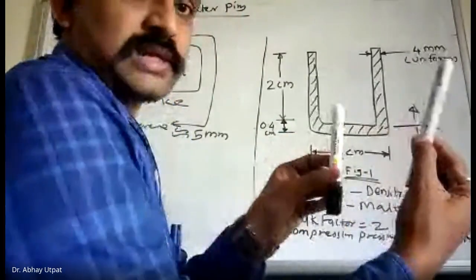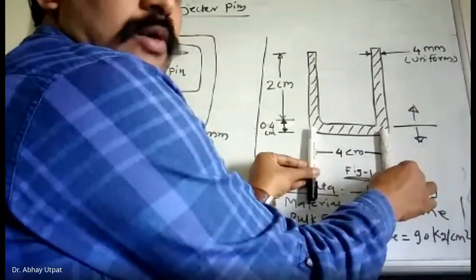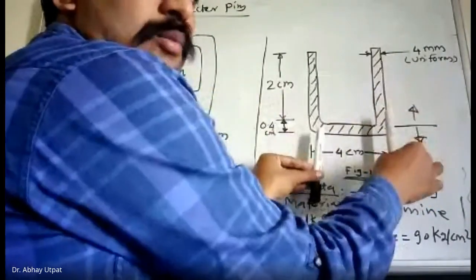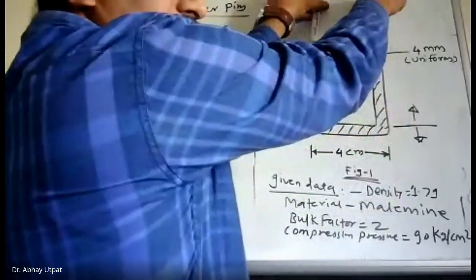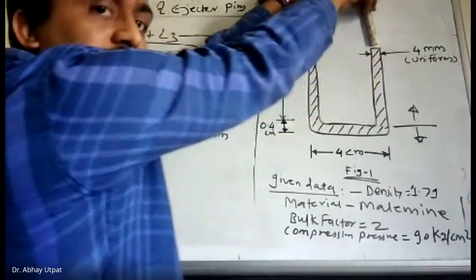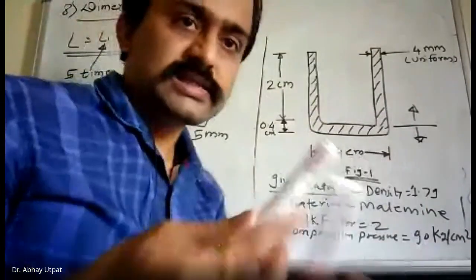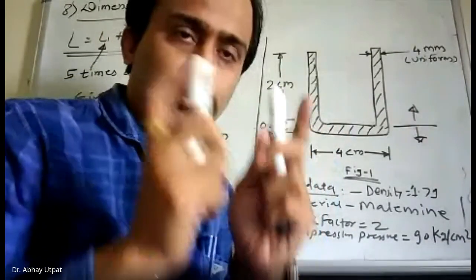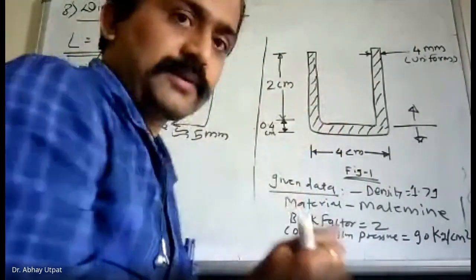See, these two are ejector pins. I have to locate it in this way. Then this part will move outside. So now this diameter of pin should match with the thickness of the component.